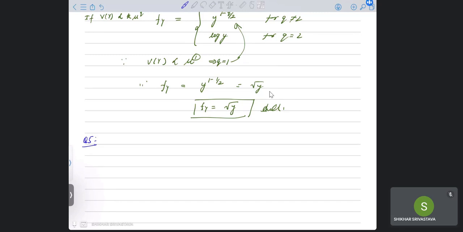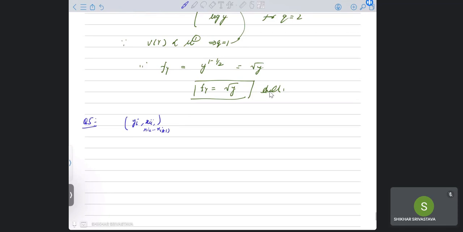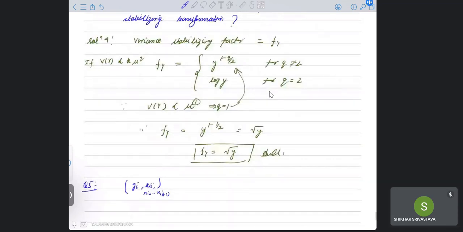Suppose there is a model where you have yi's and xi's, and xi1, xi2 up to xik minus 1, so k minus 1 regressor variables. So what is the reasonable choice of transformation? Here your yi's are exponential variables.